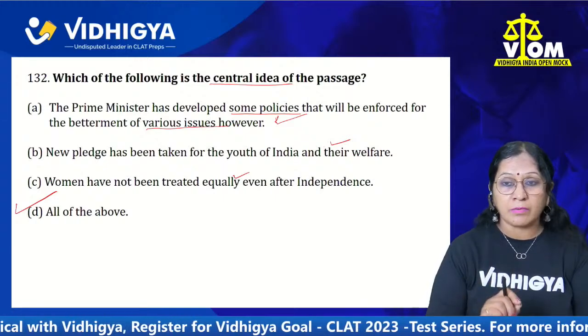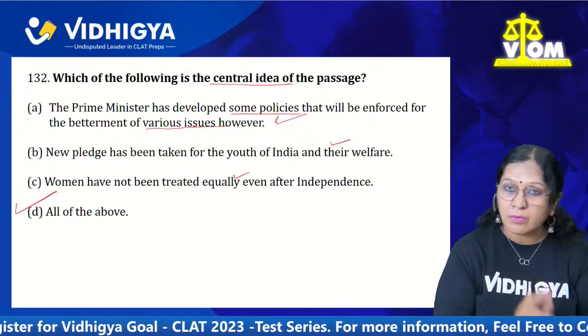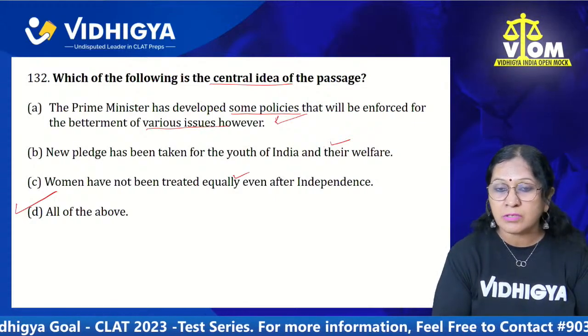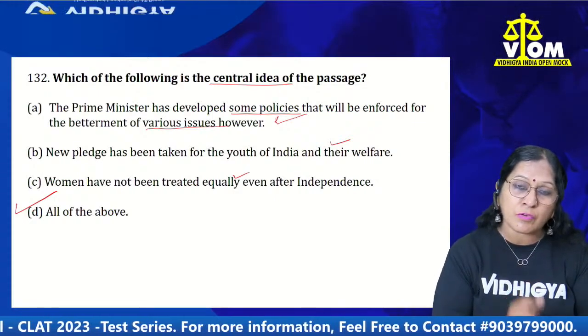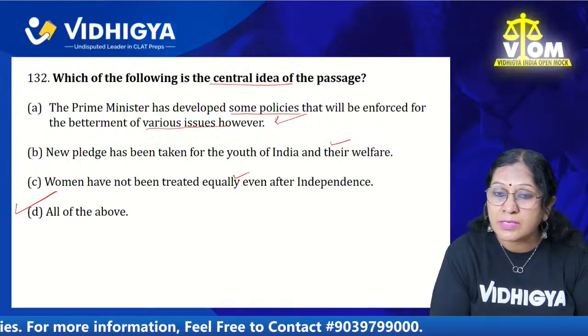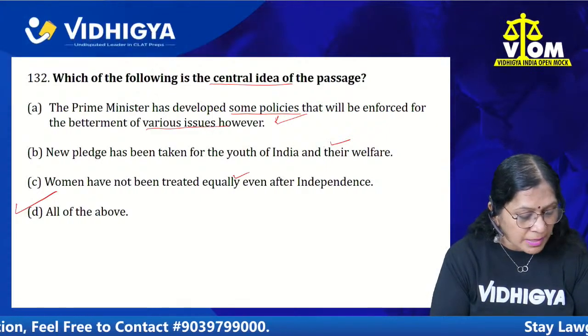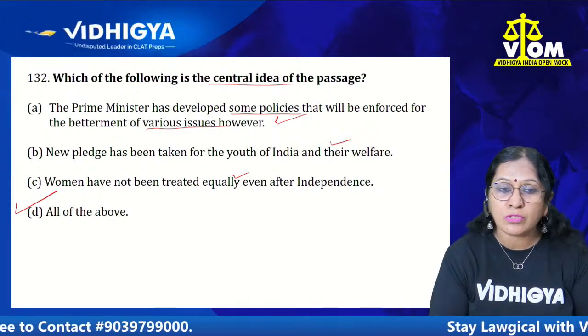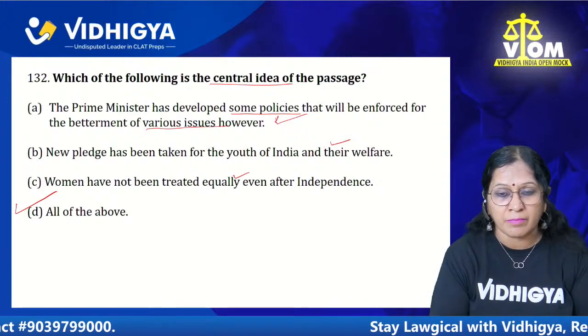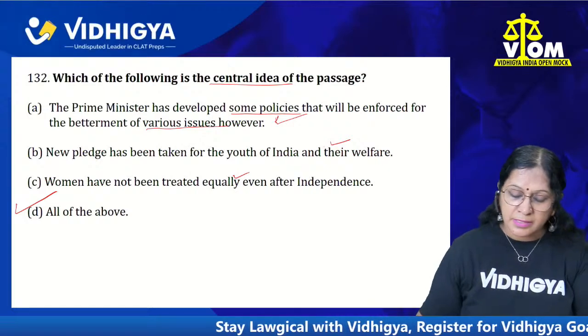Because see, I'll say how the three can be a central idea. If I mark A as the answer, I have no reason to eliminate B and C because that too was focused by the author. If I mark B as my answer, I have no reason again to eliminate A and C. Same thing with C. If I am marking C, I have no solid reason to eliminate A and B. And I have a better option, that is D. Hence, that is the answer.